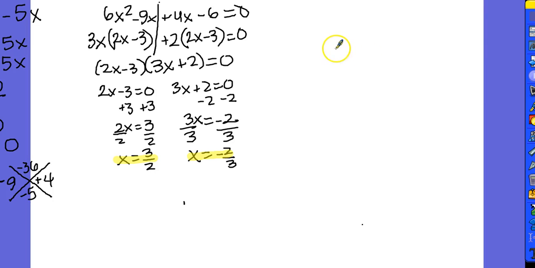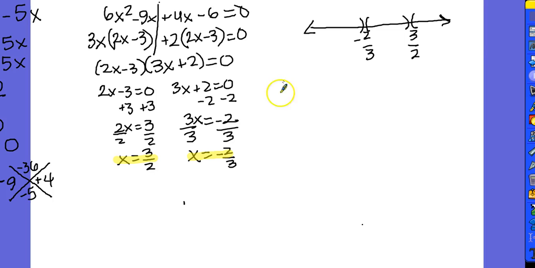Okay, our other option is to take a number line and plot our zeros again. And we decided we don't want them because they are not part of our solution. Okay, and then what we're going to do is we're going to pick numbers from each section to test in our equation.